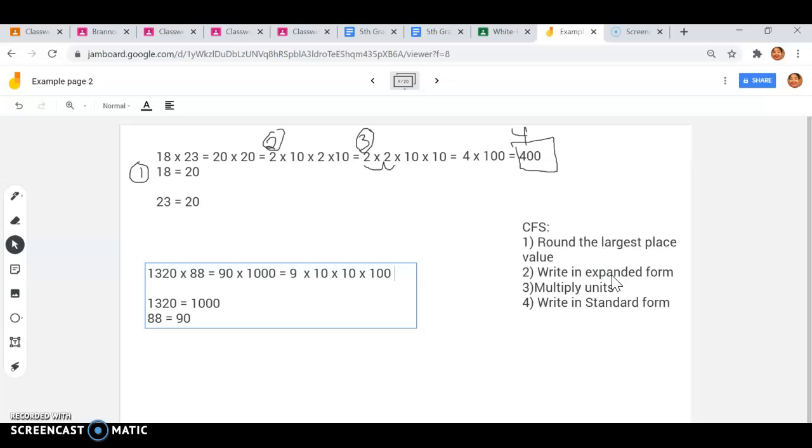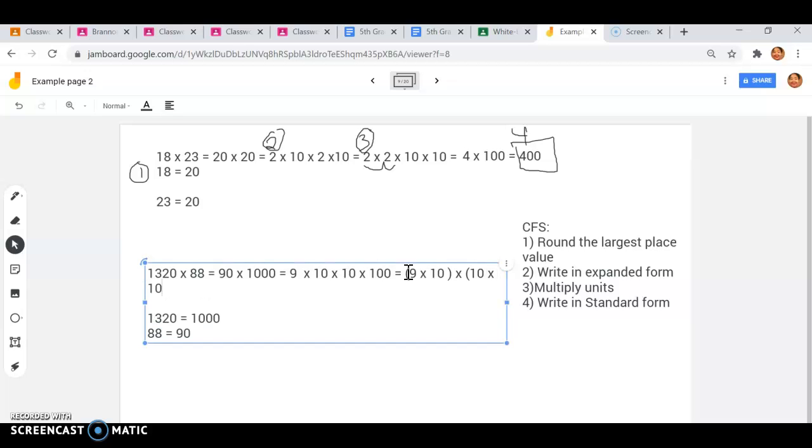We're then going to just rearrange them really quickly. All right, so then we have 9 times 10 together. We're going to just add some parentheses so we can make sure that they're separated. And then we're going to have 10 times 100 together, right?